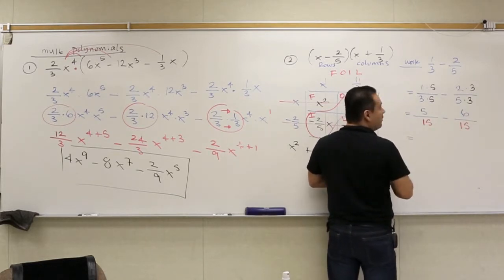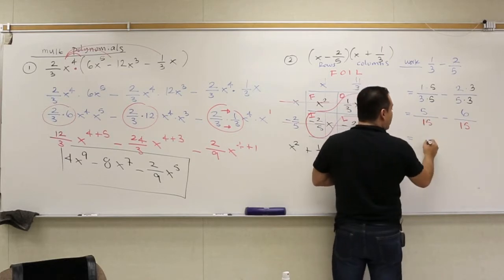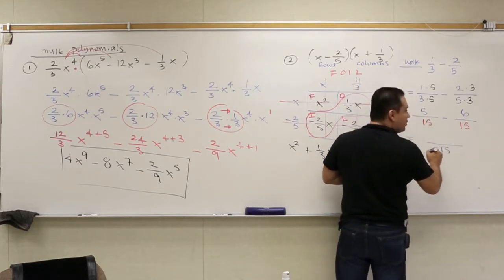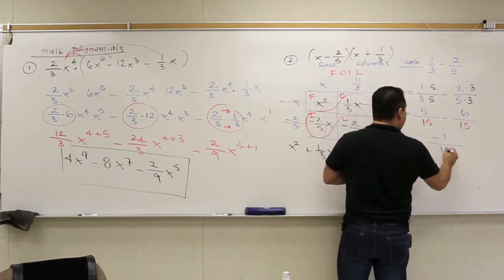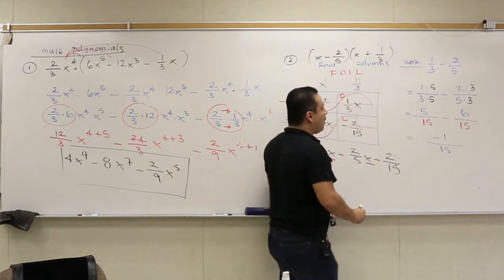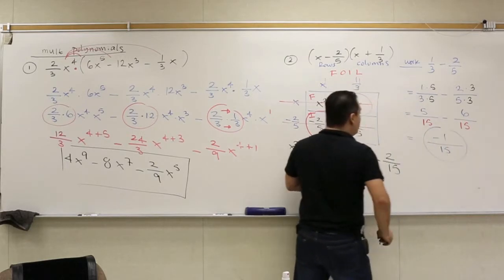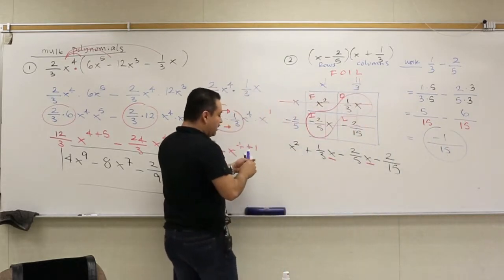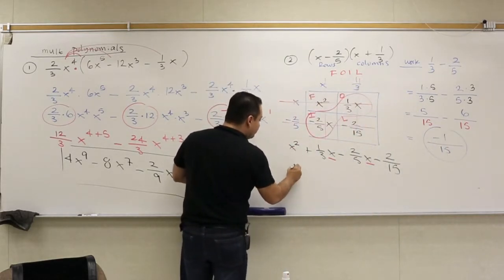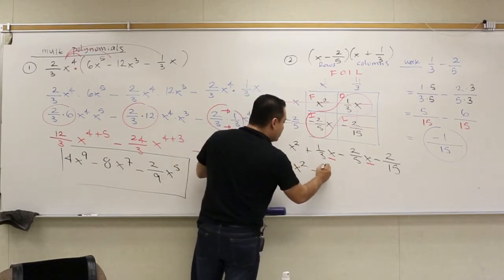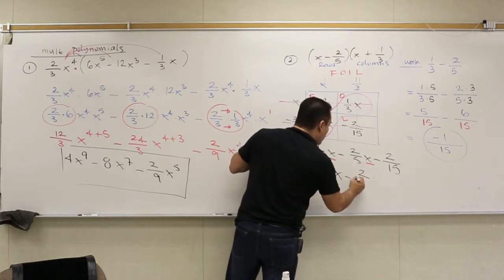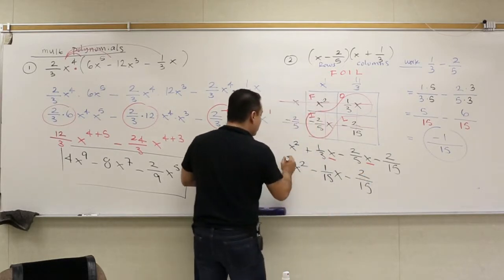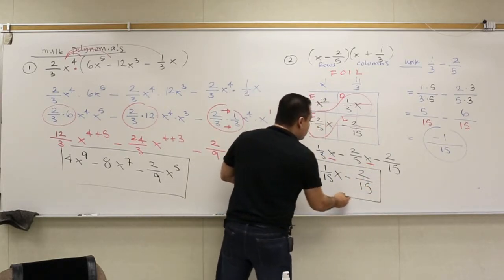Okay, what's this going to give you? Our denominator is 15. These are like fractions. 5 minus 6. What's that? Is that negative 1? So our side work gives us the coefficient that we need, so that our final answer becomes x squared minus 1 over 15 x minus 2 over what? 15. And you are what? Done.